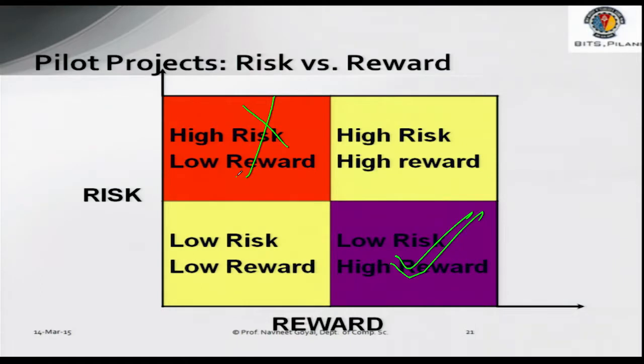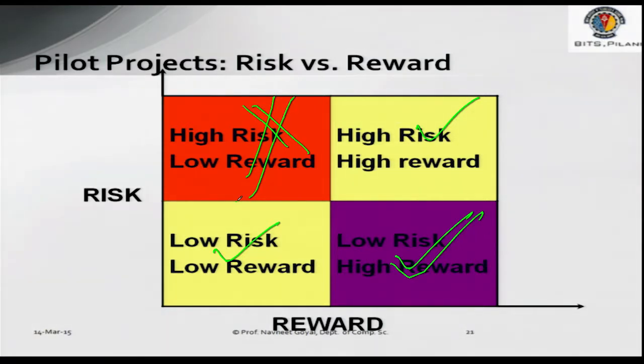Some people would be willing to be in the high risk, high reward category, and some people may say low risk but the reward is also low, and I'm fine with this. But definitely you don't want to be in this high risk, low reward quadrant.